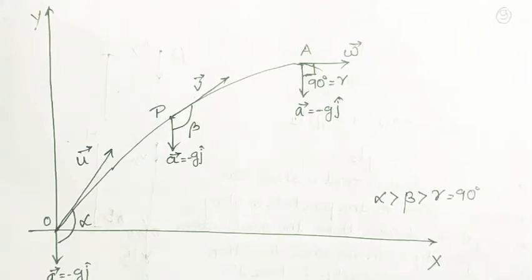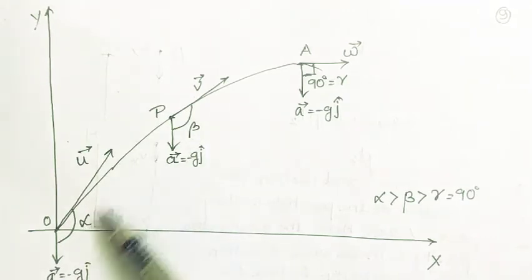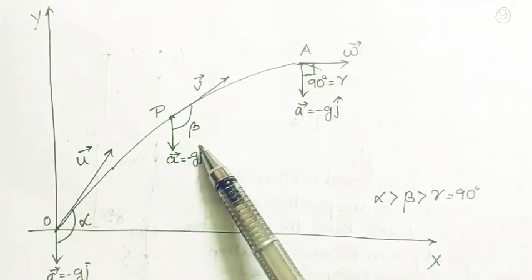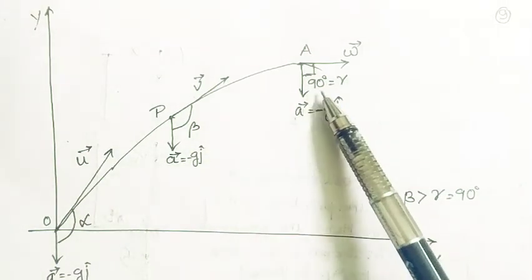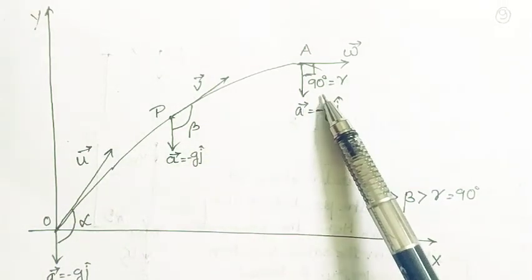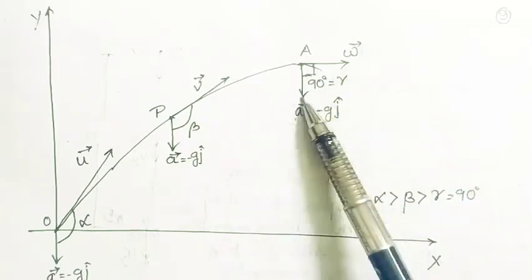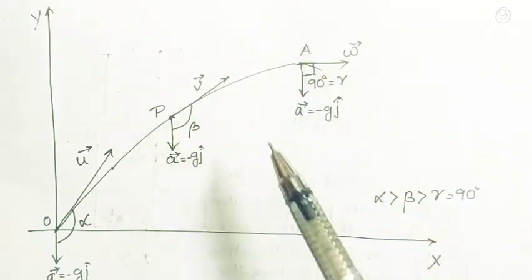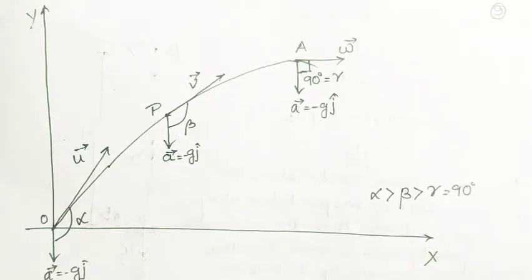I know you know this, it is the obtuse angle. Here it is obtuse, but the value of beta is obviously less than that of alpha. And gamma is exactly 90 degrees, when the particle is at the maximum height, point A.